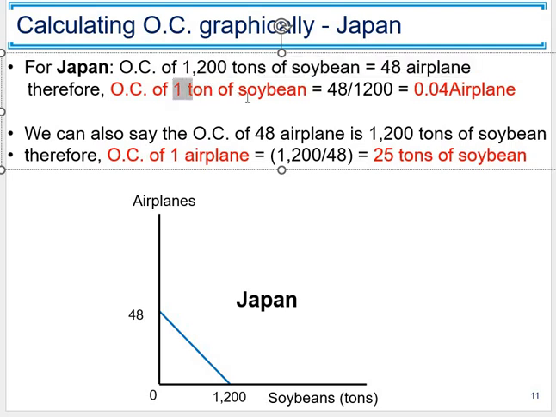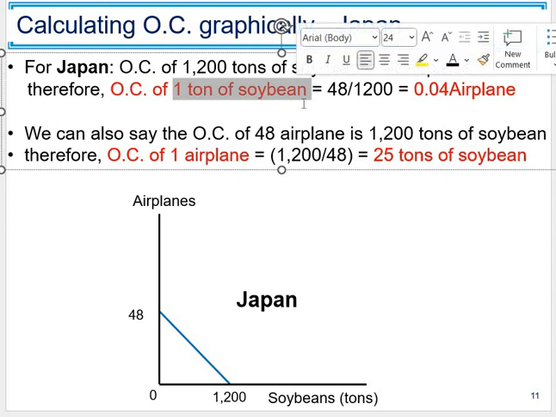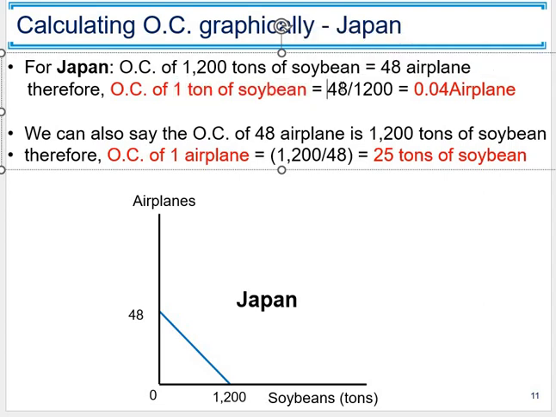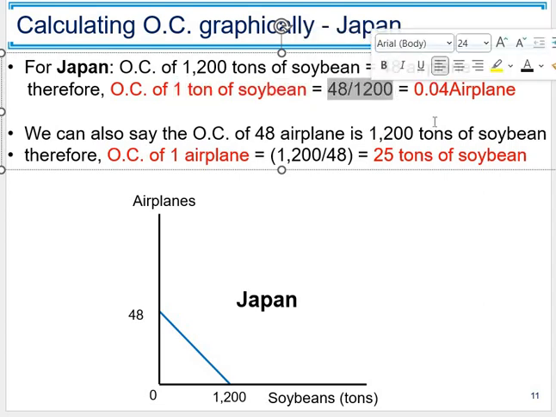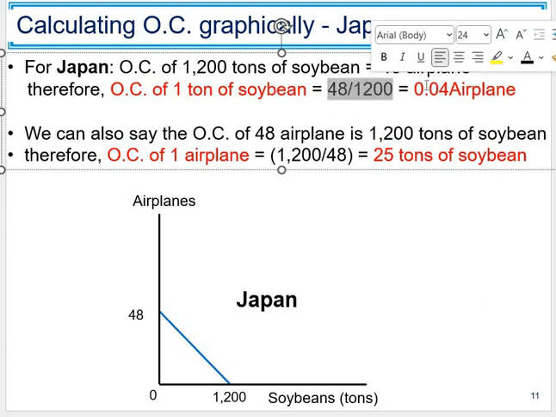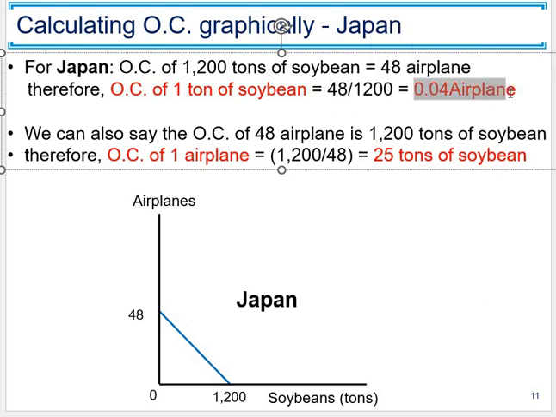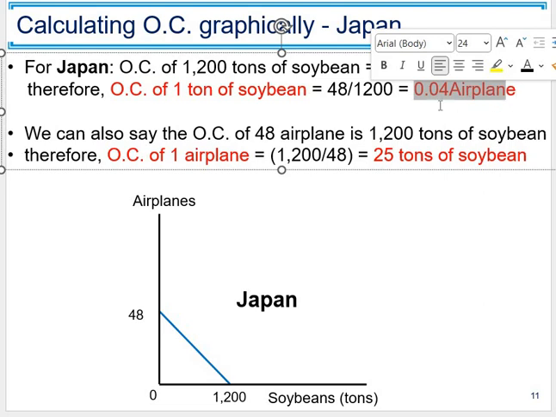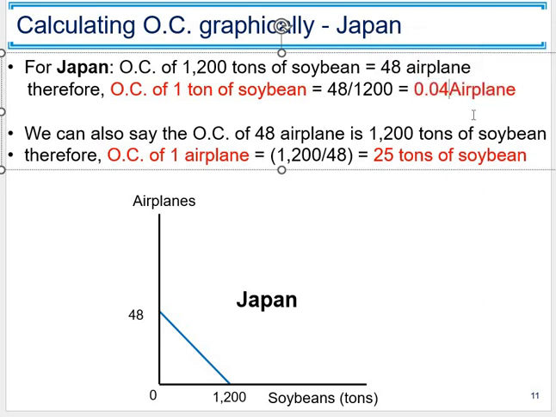The left-hand side will be left with 1 ton of soybean, and the right-hand side will be left with 48 divided by 1,200. If you simplify this, you would have 0.04 airplanes. And that is the opportunity cost of 1 ton of soybean.